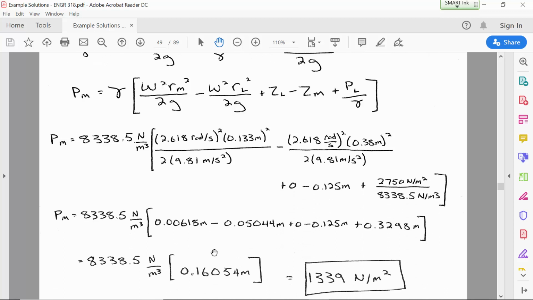In the end, we should get that the pressure at location M is 1339 newtons per meter squared. So 1.3 kPa. And what did we say? We thought it would be lower pressure because it was at a higher elevation and a reduced radius compared to L. So that worked out to be true.